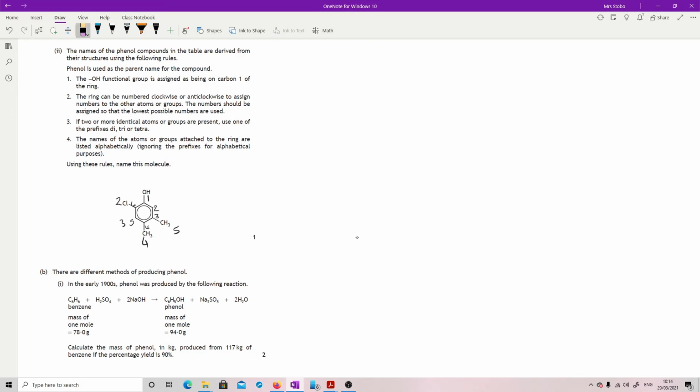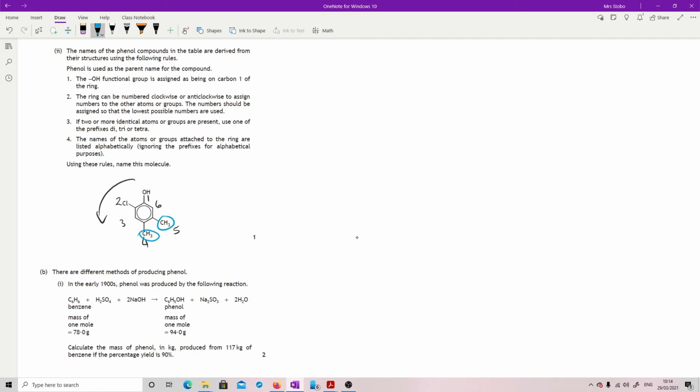So let's wipe out these ones. I now have my carbon numbers. I have a 6 in here, I just don't need to use it. I'm going anti-clockwise for my numbering. If 2 or more identical atoms or groups are present, use one of the prefixes. Do we have that? Yes, we've got 2 methyl groups, so I'm going to have a dimethyl. The names of the atoms or groups attached to the ring are listed alphabetically, ignoring the prefixes.